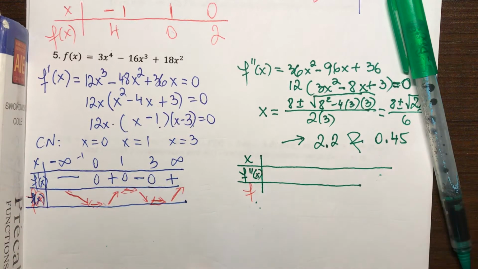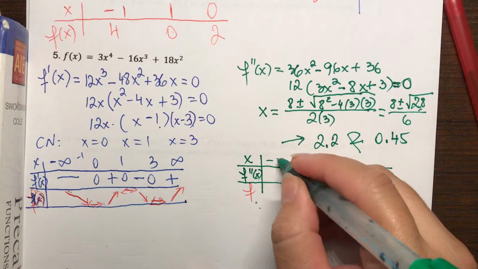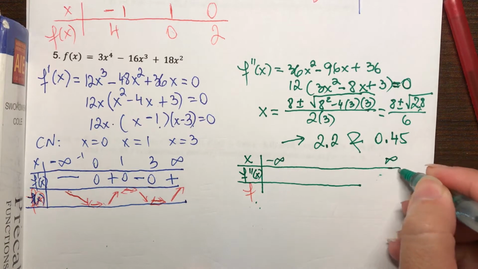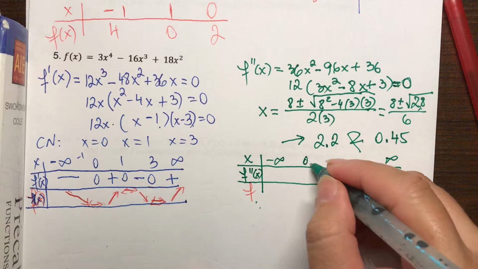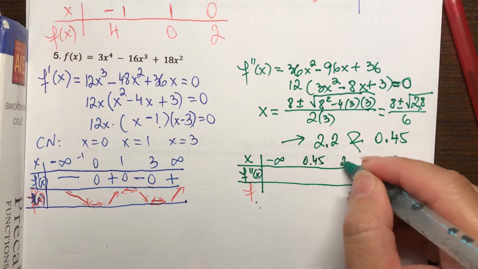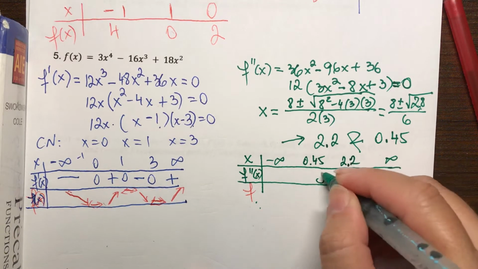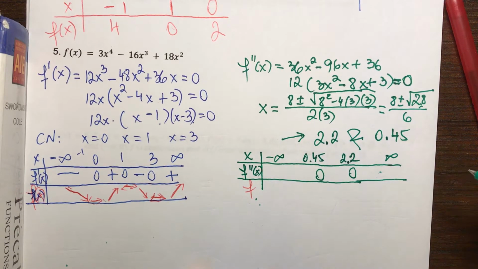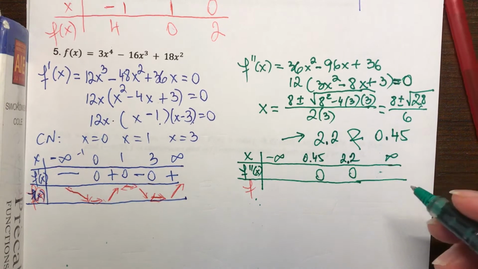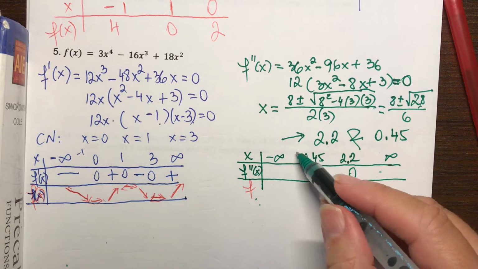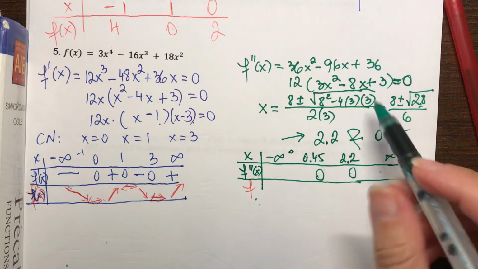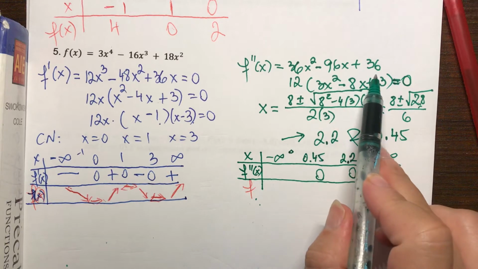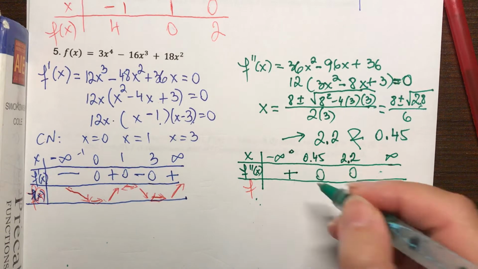So from negative infinity to positive infinity, first comes the 0.45, then comes the 2.2. Now, the second derivative we know was 0 there. That's how we found them. Let's pick some values in between. So less than 0.45 is 0. Plug it into the second derivative, you'll see you'll get a positive, right?